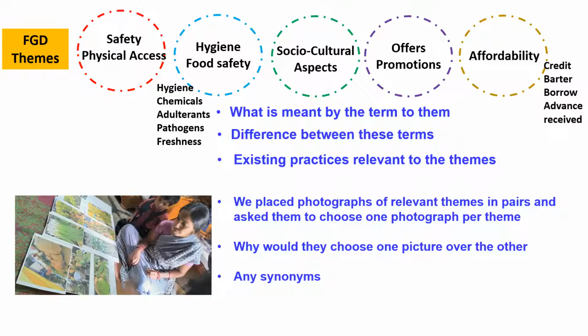And we asked why they chose that particular photo. What made them choose it? And if we asked them to suppose the photograph was a market, which shop would they go to to purchase these fruits or vegetables. And the third question we asked them was to say another synonym for the particular word.